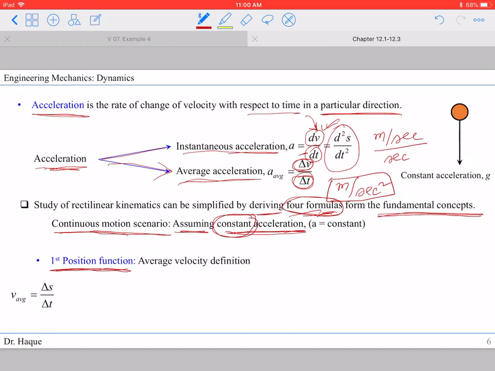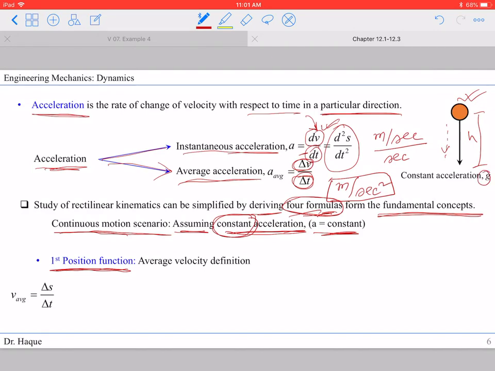What could be an example of constant acceleration? Gravitational pull, for example, on this particle, or we can make it a ball. If we let it go from any height h, it will fall over time, but the acceleration is constant.